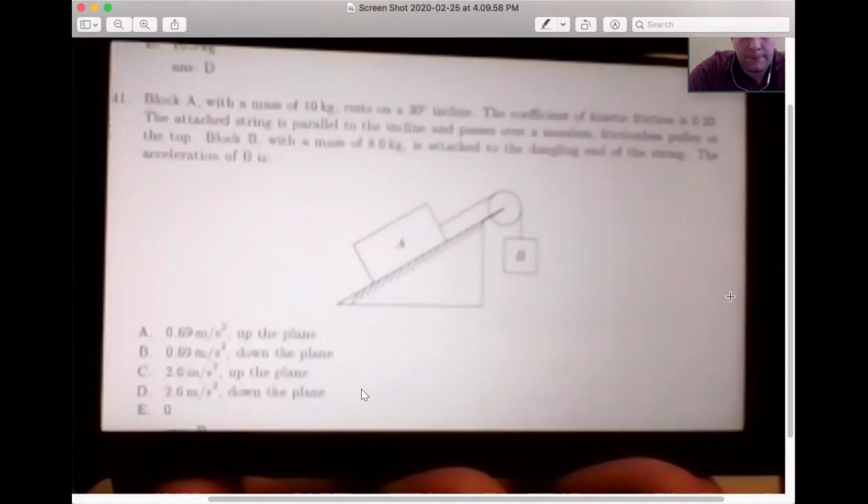M total is the total mass. Now F net external is the total external force.